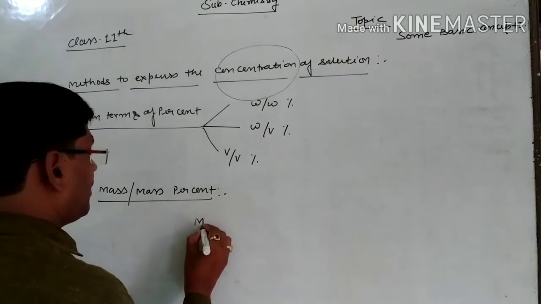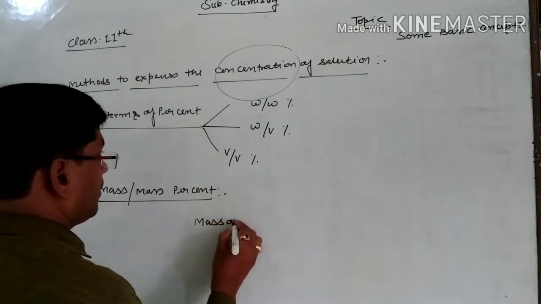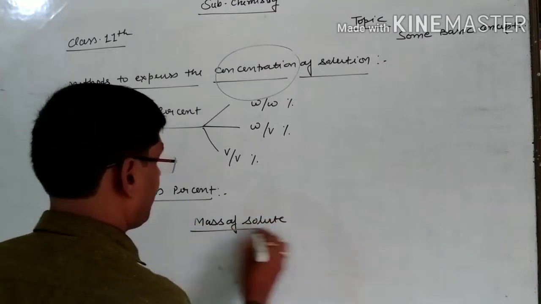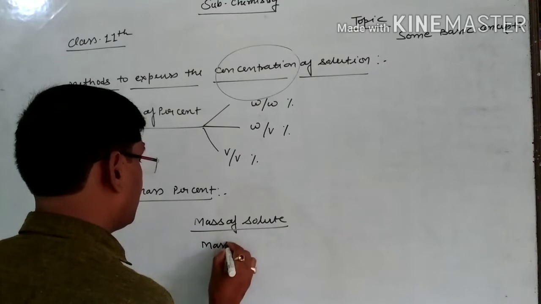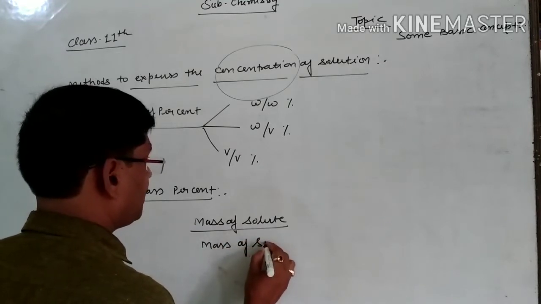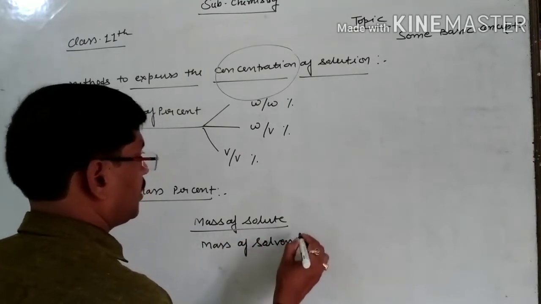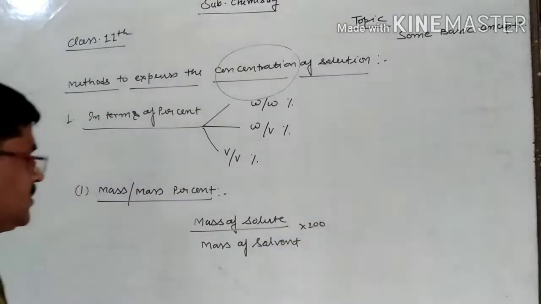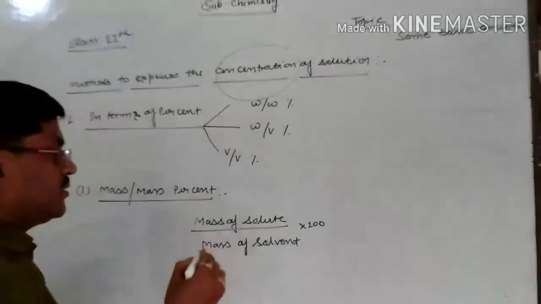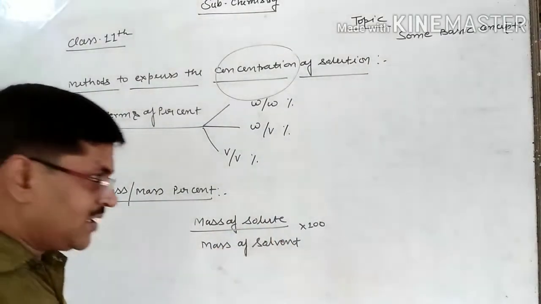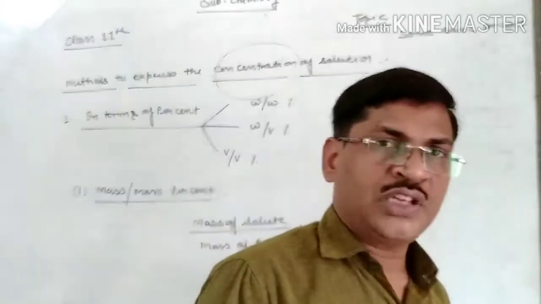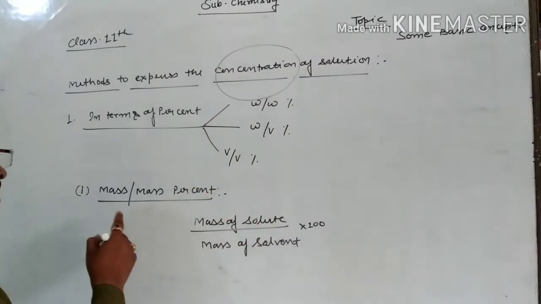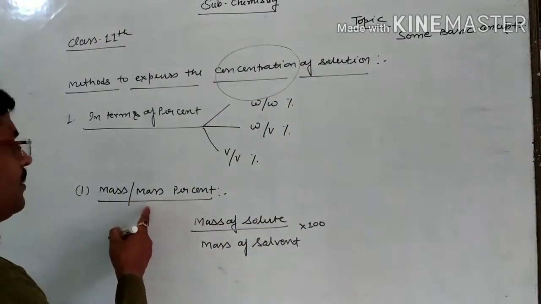So what will be the formula? Mass of solute upon mass of solution into 100. It means mass of solute in grams present in 100 gram solution. If given so, then that is the concentration in terms of mass upon mass percent.